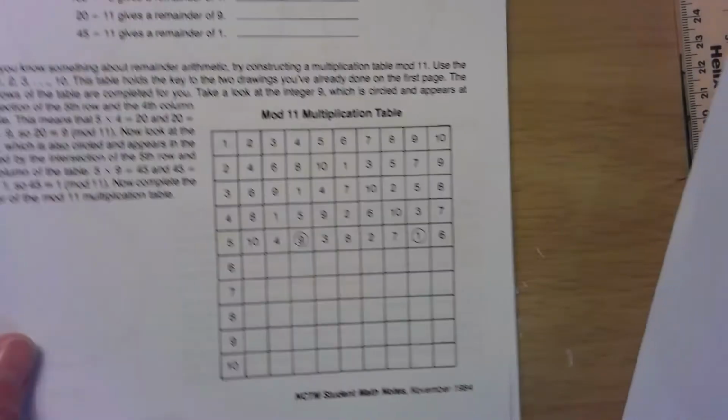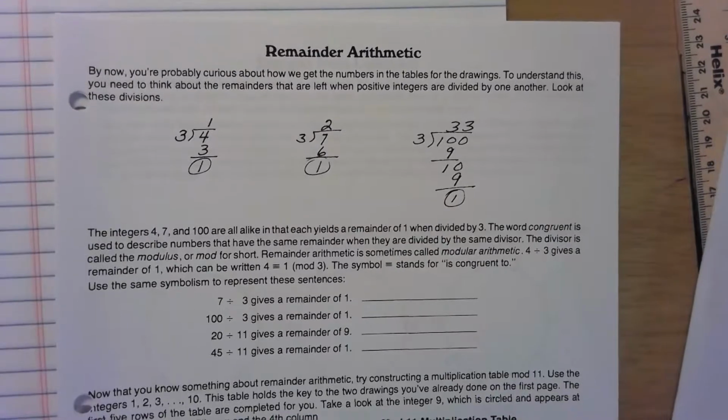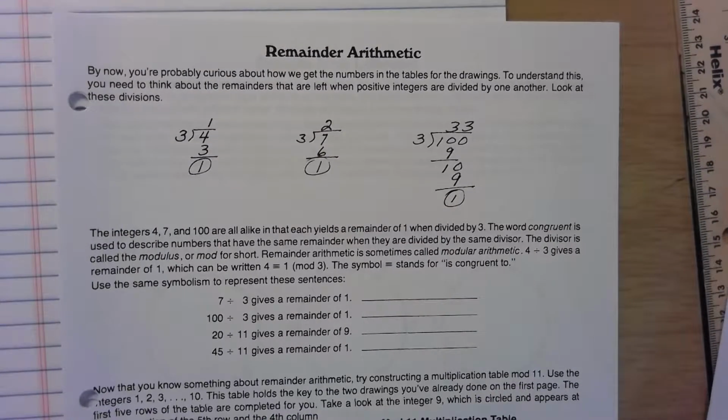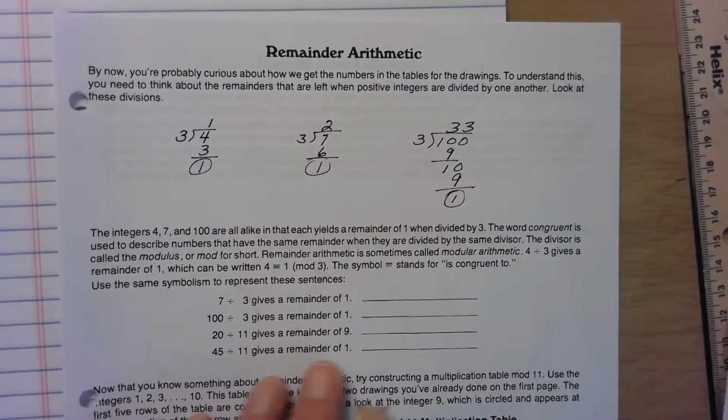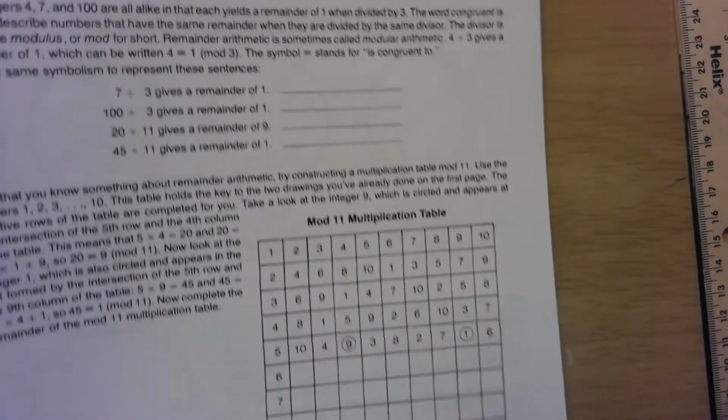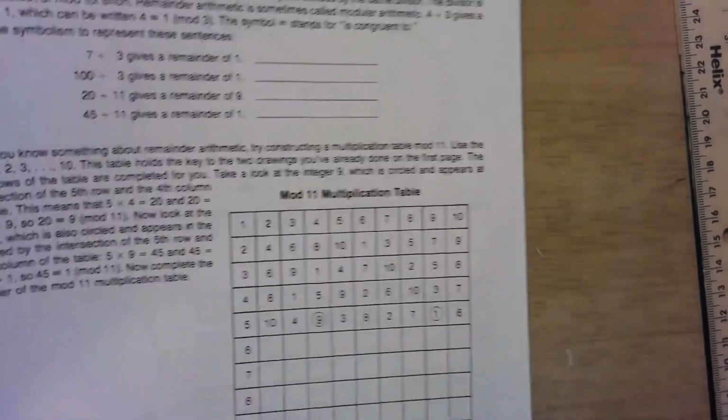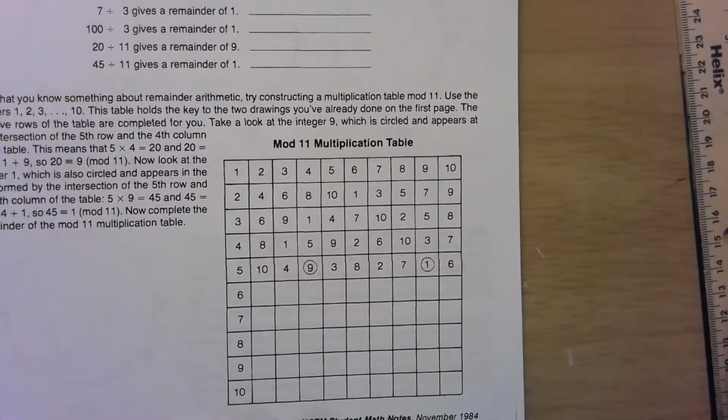On the back of this sheet, well, mine isn't on the back, but yours is, it has a little bit more discussion about this kind of arithmetic we're doing, where we're just focusing on the remainders after using various divisors. At the bottom half of that page, there's a whole multiplication table for mod 11.